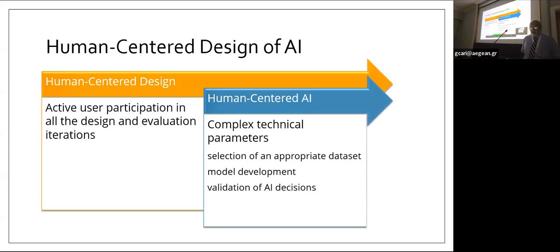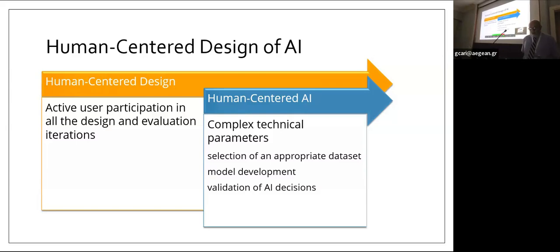I also mentioned that the human-centered design approach involves the active participation of end users, experts, and stakeholders in the iterative process of designing and evaluating an ICT product or service. In the case of AI, this means that end users must also be actively involved throughout the system design, development, and evaluation cycle.